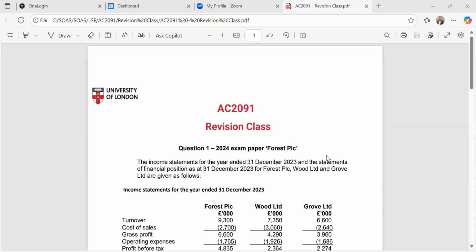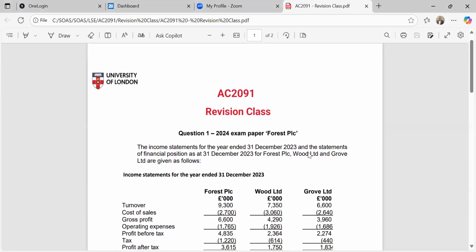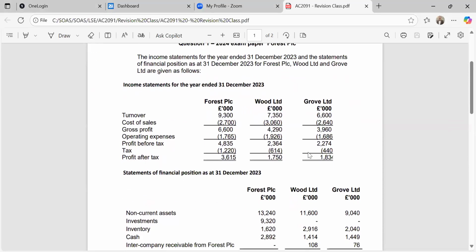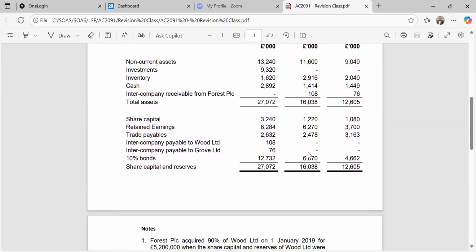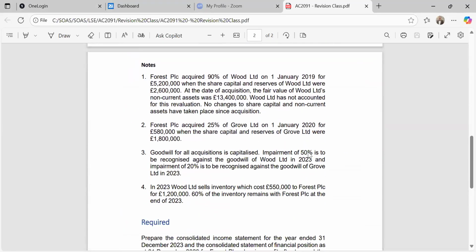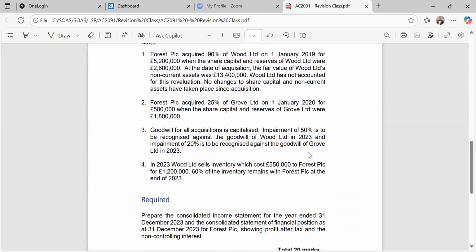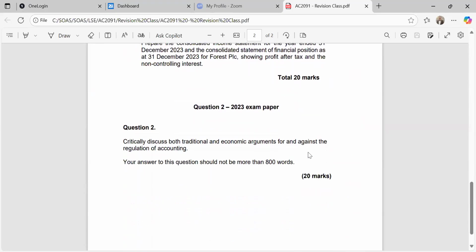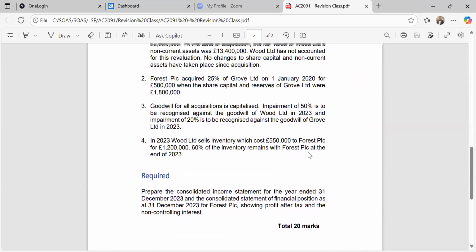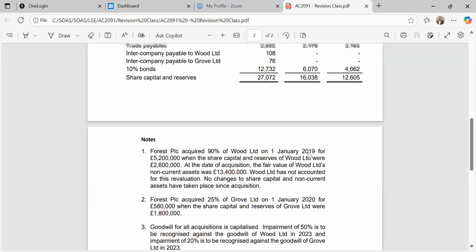AC2091 revision class. Okay, so the question you see here, question one, is a typical exam related numerical type question based on the consolidation, and it includes notes and the requirement. It's worth 20 marks. And then you will see also an essay based type question. Please check your email because I will be referring to this document all the time.